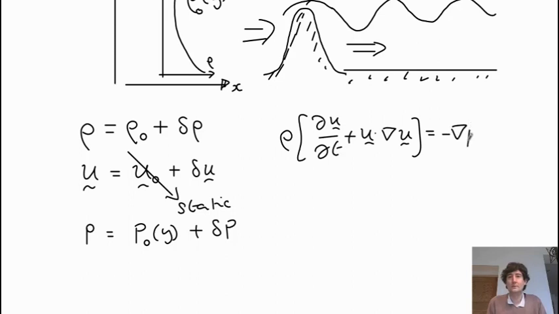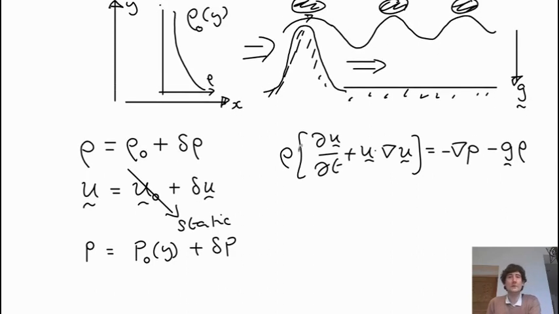So we have the gradient of pressure as usual. Now also we have another term coming from gravity. So I'm going to add rho g, gravity times mass density here. Gravity is pointing downwards, so I put a minus sign here. So g is downwards in the y direction. Okay, so g is pointing down.